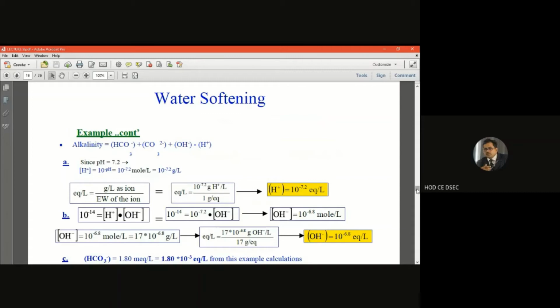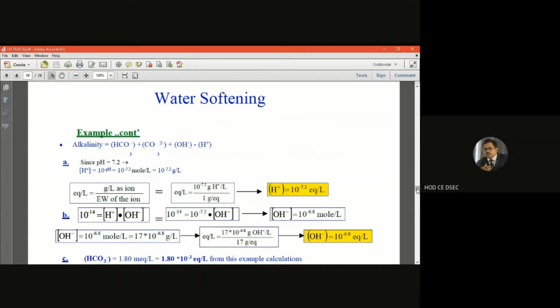So it is given in the question in the beginning that the water has pH equal to 7.2, and we all know that pH equals minus log 10 H. So what does it indicate? If pH equals minus log 10 H, then log 10 H equals minus pH, that means log 10 H equals minus 7.2.